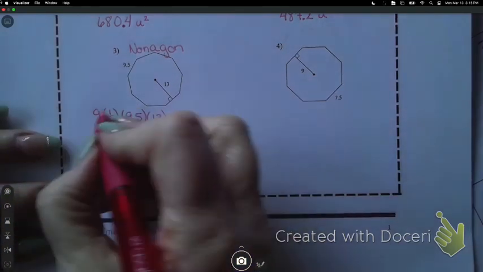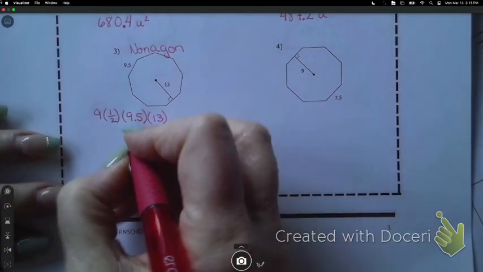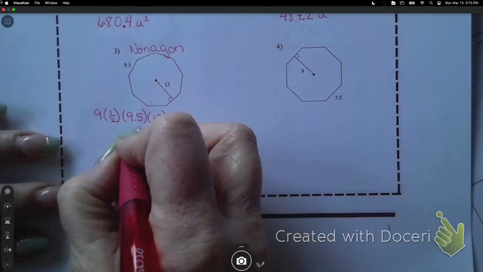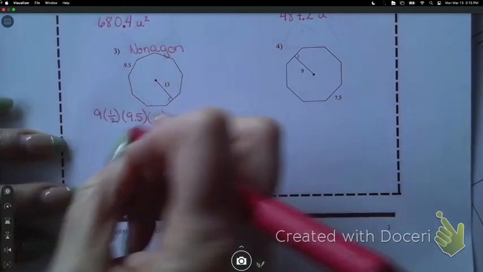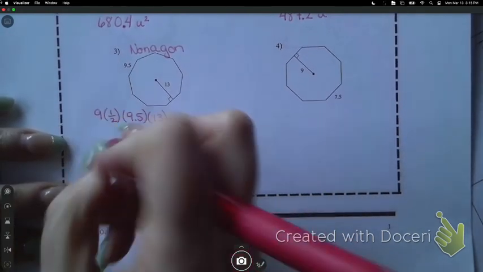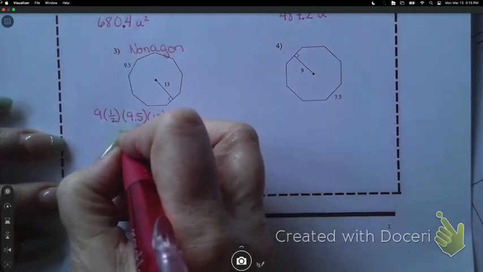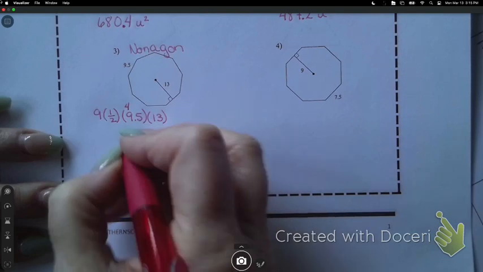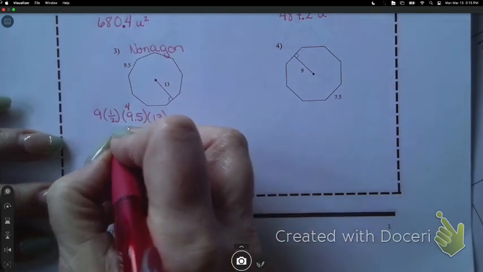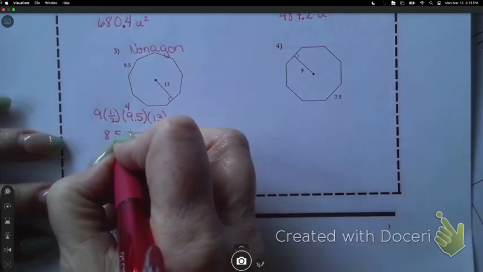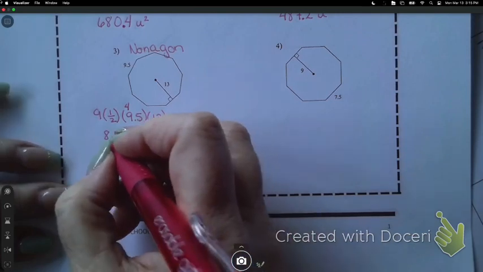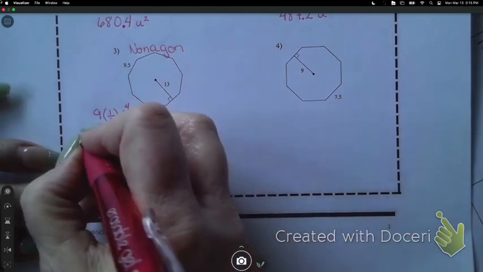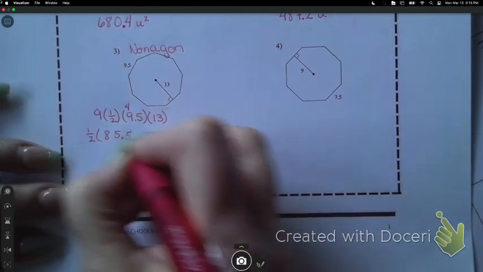Okay, so 9 times 5? 45. So I would write a 5, not a 4, right? And 9 times 9? 81. Plus 4? 85. And how many decimals? 1. So I've got 85 times 13 times a half still, don't I?